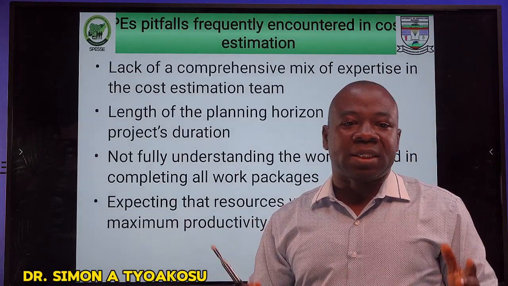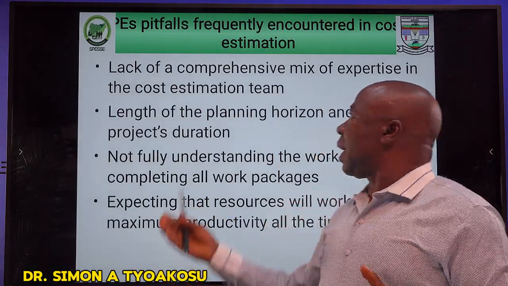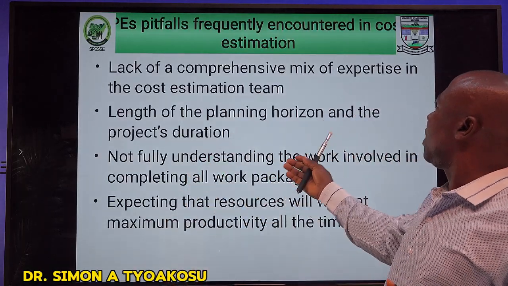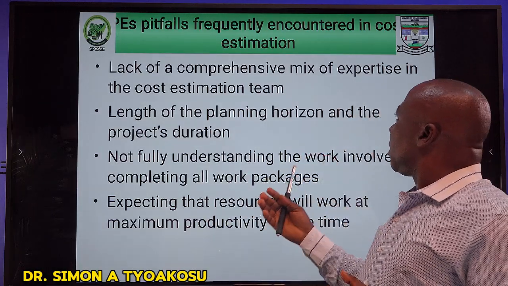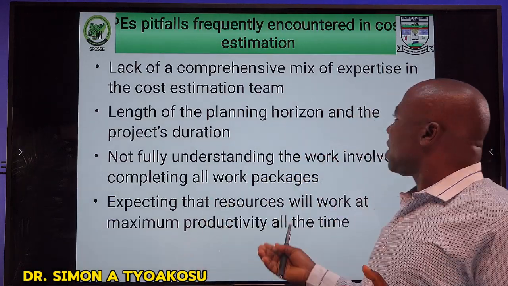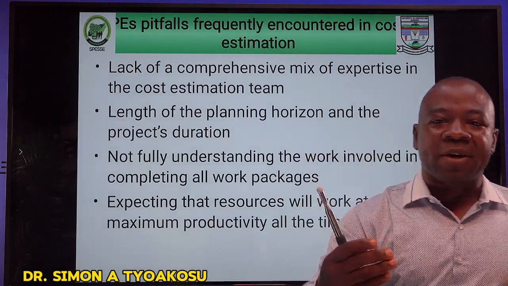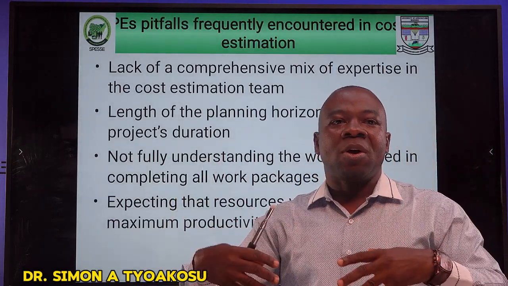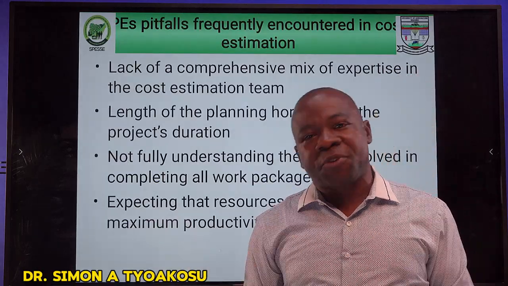So many mistakes that organizations make with respect to cost estimates are what we have here as the pitfalls that are frequently encountered by these professionals. One of them is lack of comprehensive mix of expertise. We have told ourselves that in the team of those that will do the cost estimates, you must have different professionals.